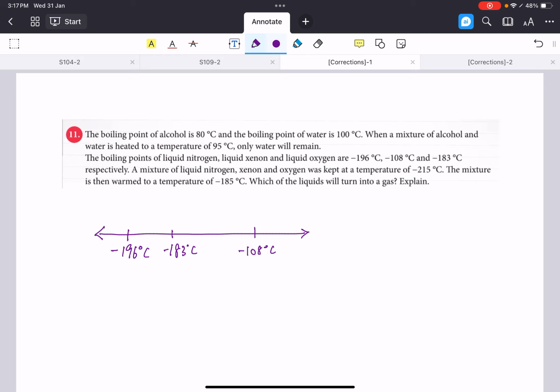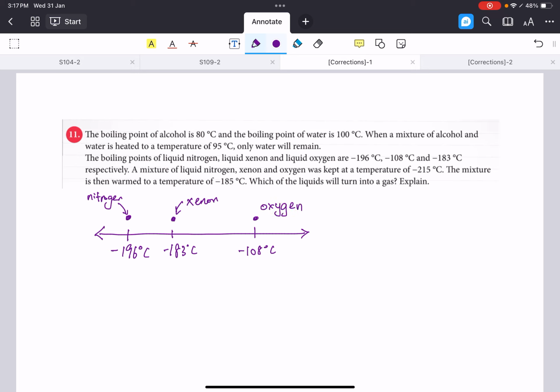And we can do some labeling. This is liquid nitrogen. Over here, these are the boiling points. This is xenon, and over here is oxygen.